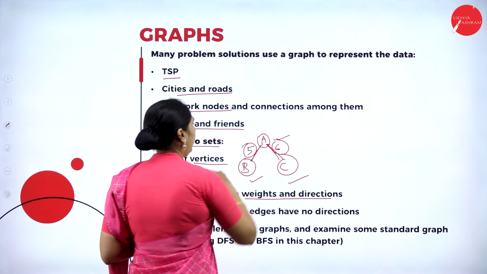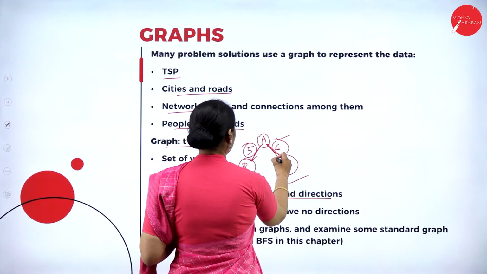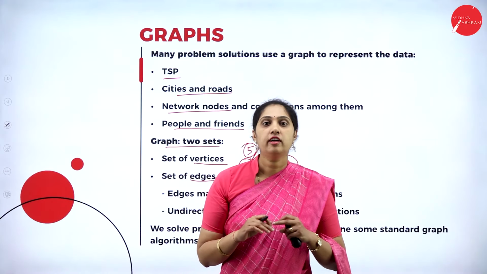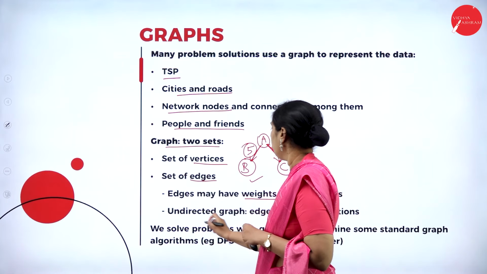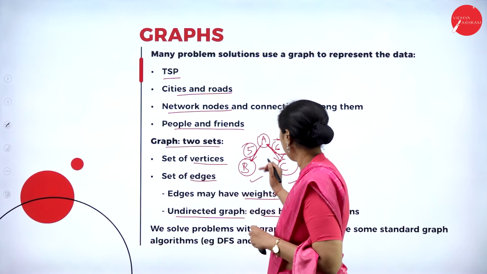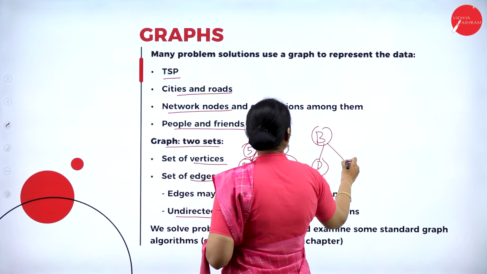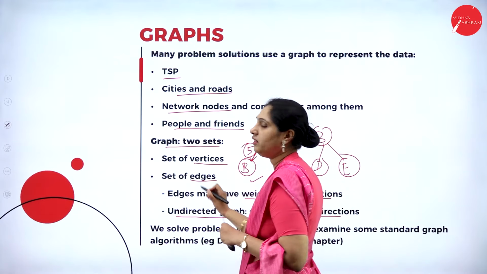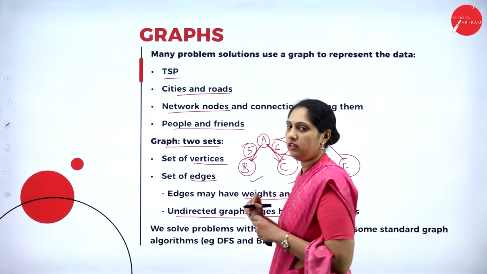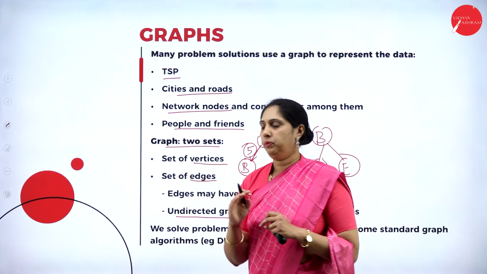This is the weight of it. And the direction: here I can also indicate a direction with an arrow mark. If there is no arrow mark, then it is undirected. So, in an undirected graph, the edges have no directions. What I wrote previously, see, if I take B, D, E, this is undirected, no arrow marks. You can go from B to D and D to B. But if I write an arrow mark, that is direction, it will be restricted to one path.